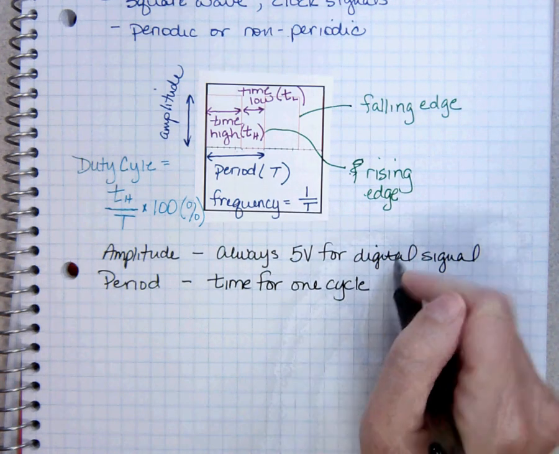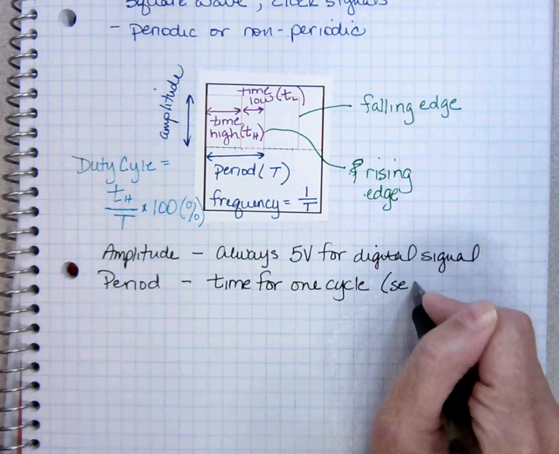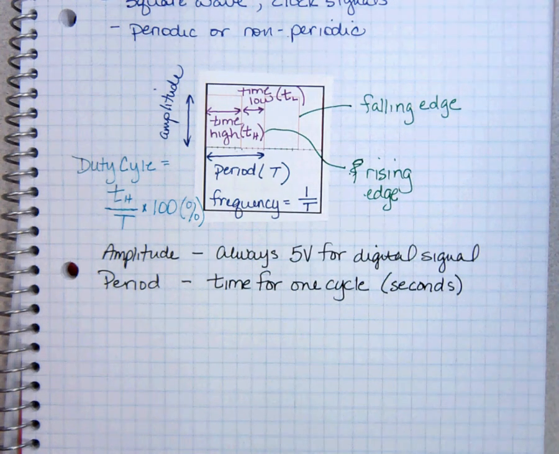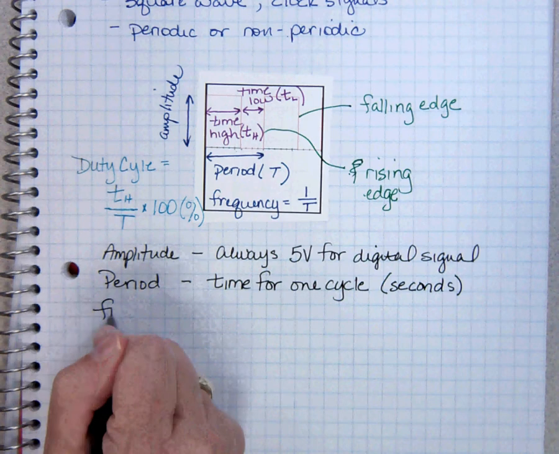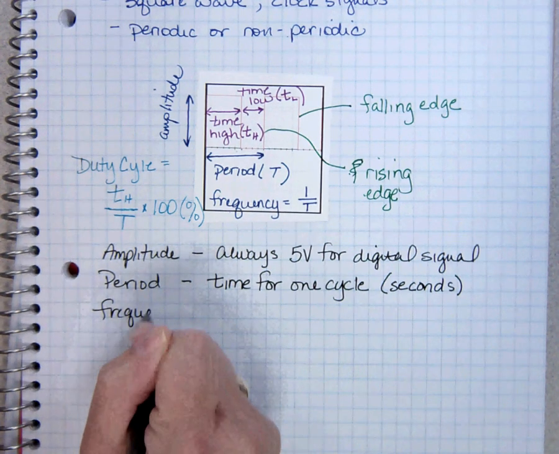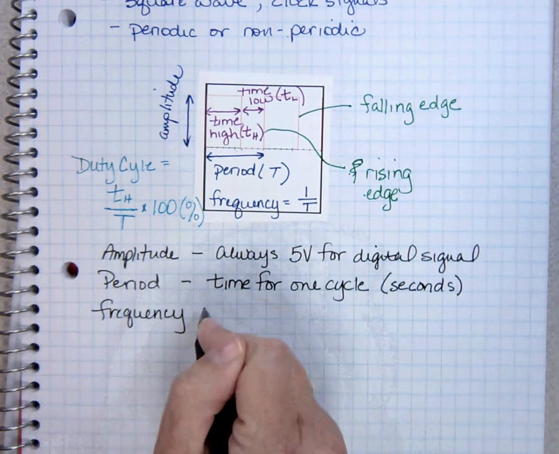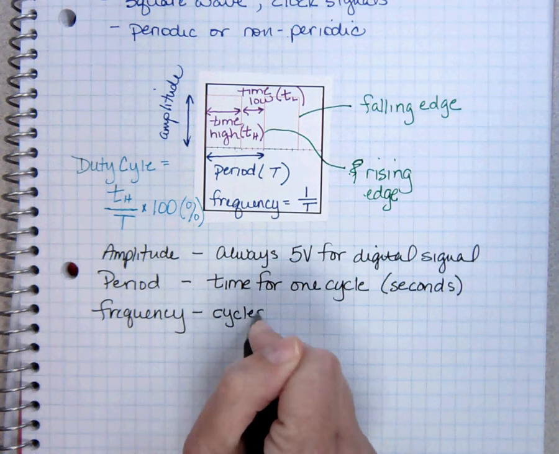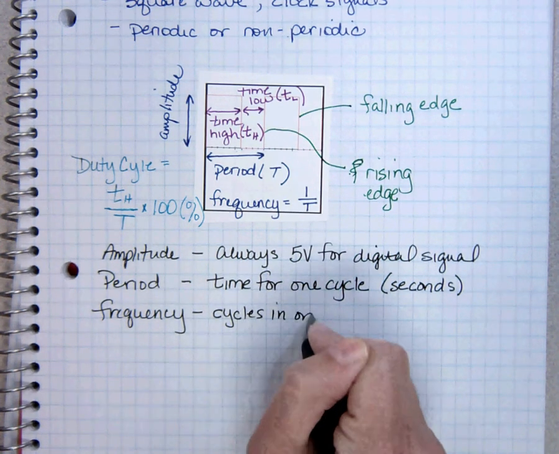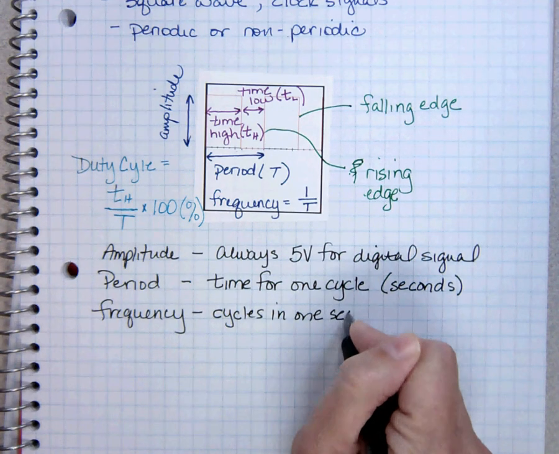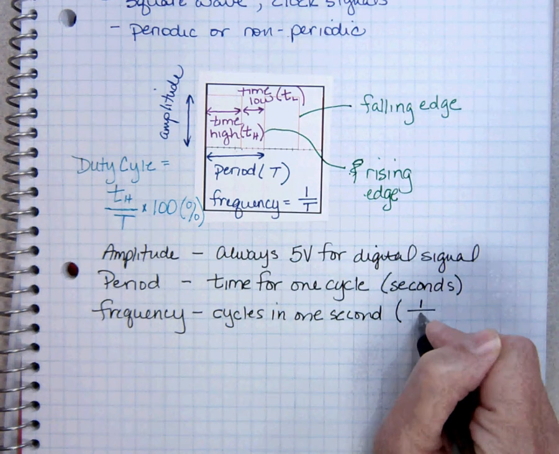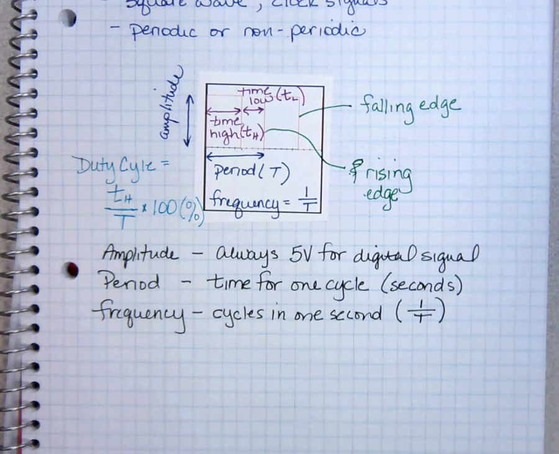And it is measured in seconds. Frequency is the number of cycles in 1 second. Also the inverse of the period.